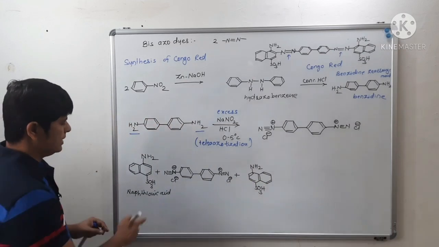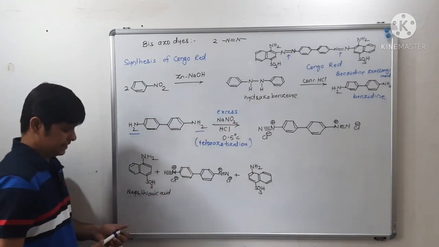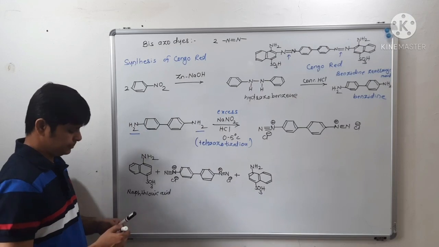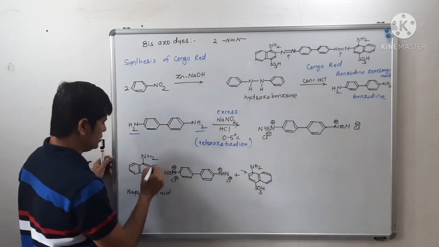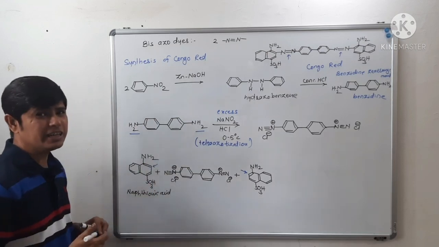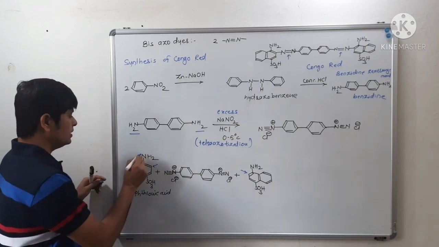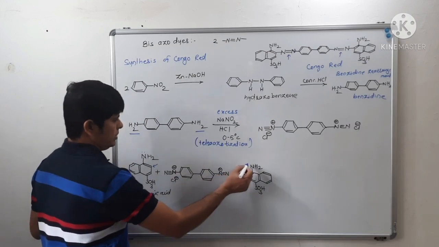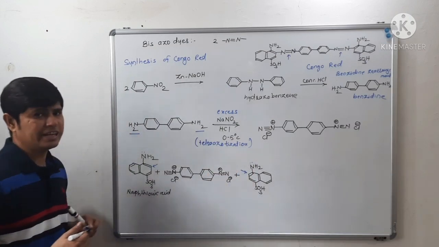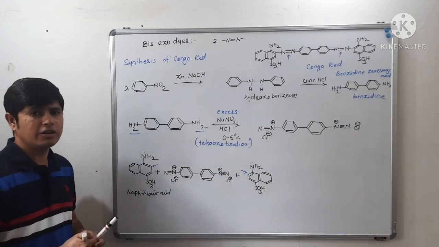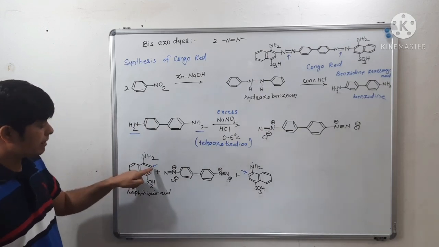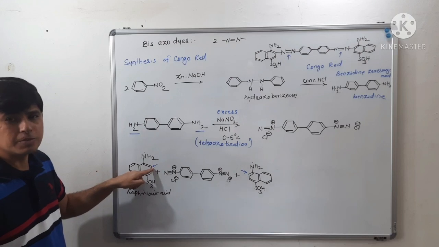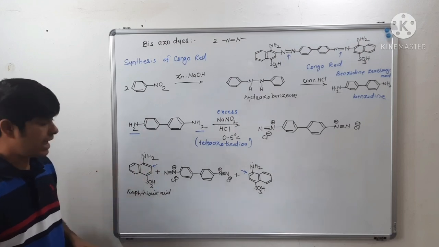This is naphthionic acid. Now see this position, and here also this position. They are electron rich positions with respect to this amino functionality. The ortho position is more electron rich. Hence, coupling will take place at the position ortho to this amino group.